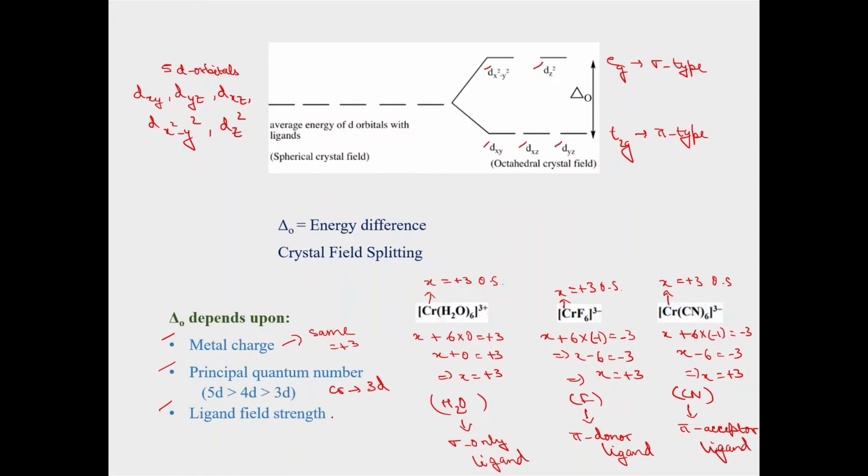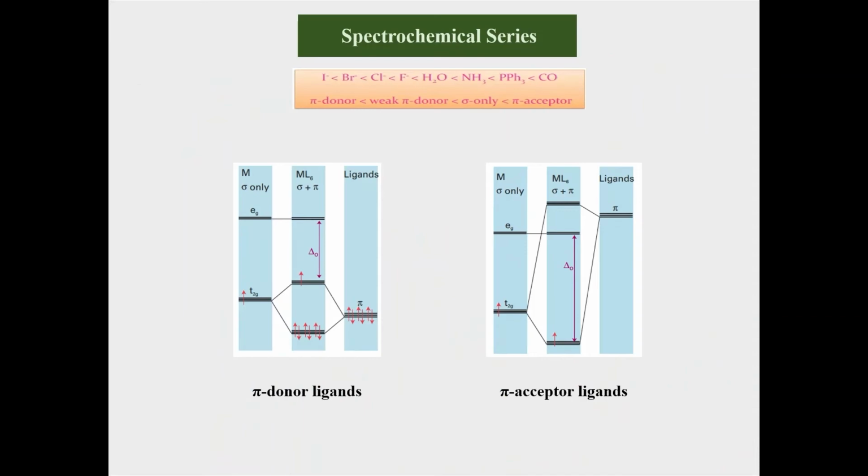For checking the ligand field strength, if we look at the spectrochemical series, we know that on going from left to right along this series, that is, on going from pi donor ligands to pi acceptor ligands, the ligand field becomes strong. So pi acceptor ligands are strong field ligands, whereas pi donor ligands such as halides are weak field ligands.